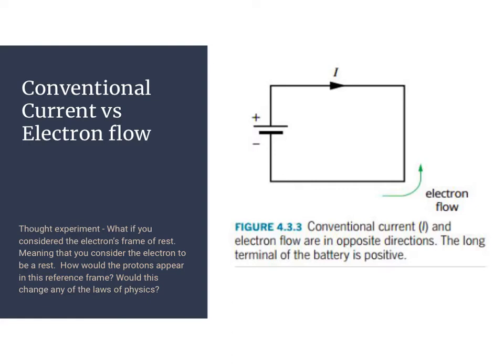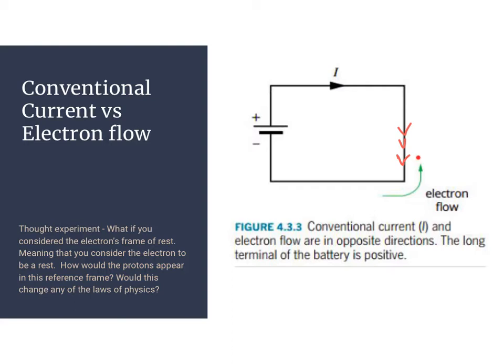Now, here's a good thought experiment. What if you considered the electrons' reference frame? So if you're in the electron's frame and you considered that to be at rest, what would be happening to the positive charges? If I was an electron moving around but I considered myself at rest, I would actually be seeing positive charges going in that direction, wouldn't I, as I moved along?